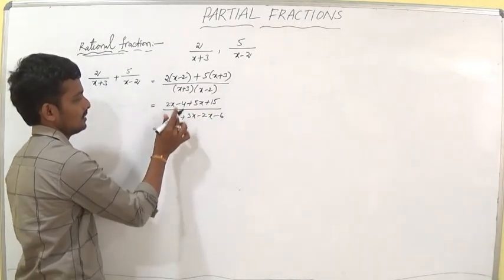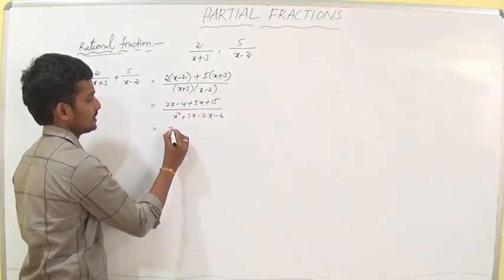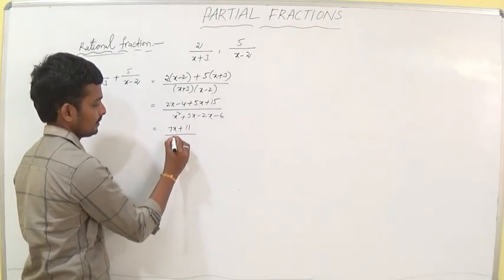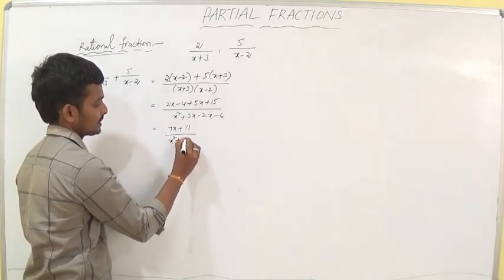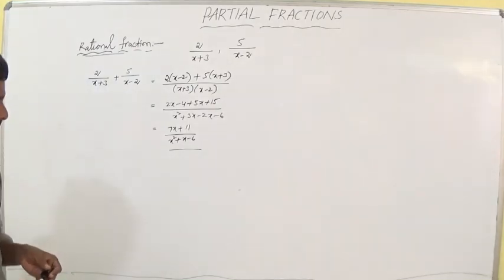Okay, that's correct. So simplify the numerator: 2x plus 5x, 7x plus 11 by x square plus x minus 6. Observe this. Observe that.